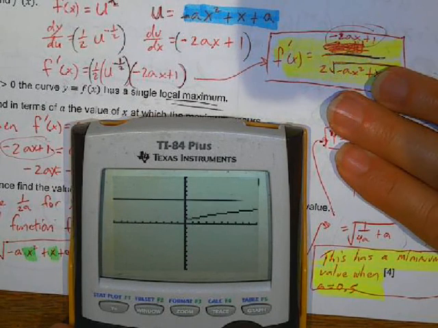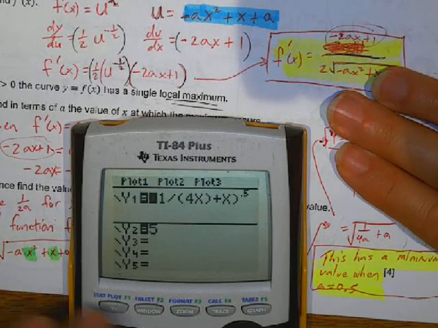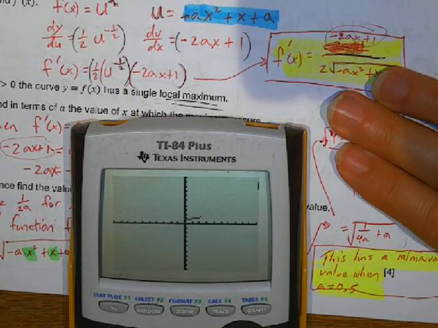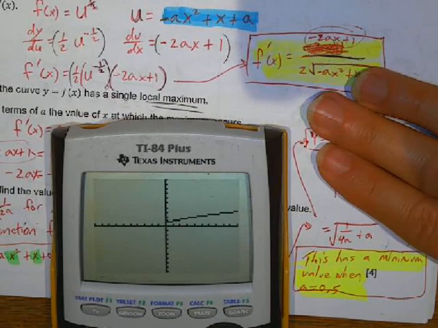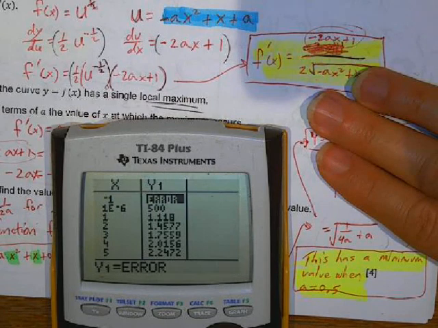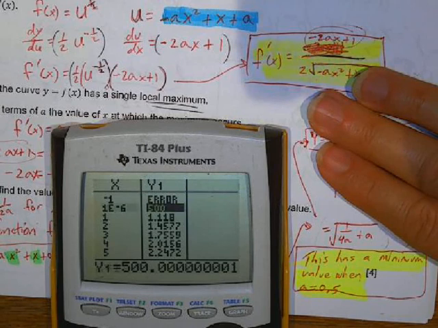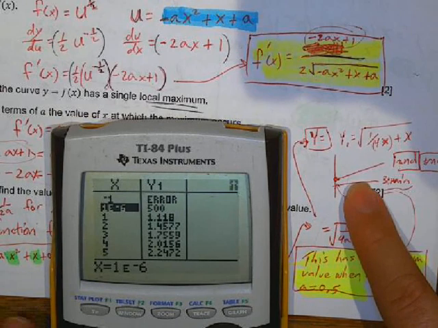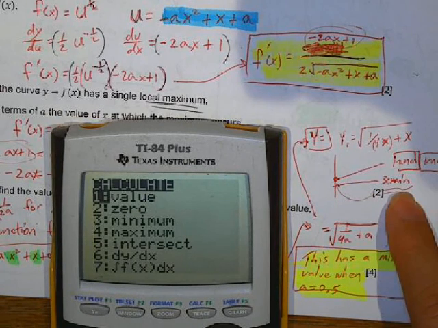So what did we do? If I do second trace and I want to find this value right here, we go to minimum.